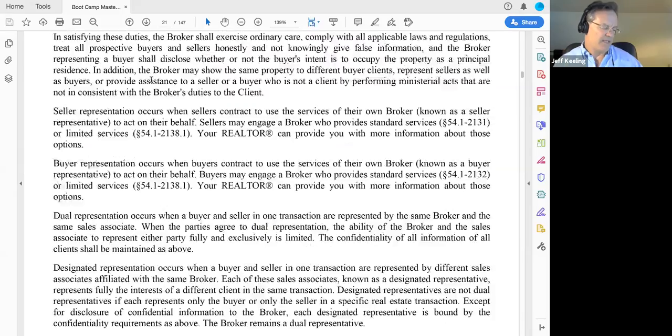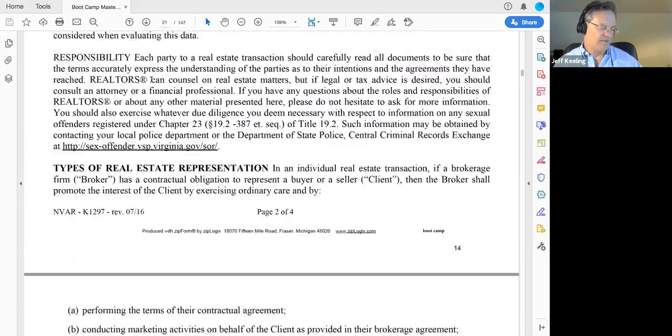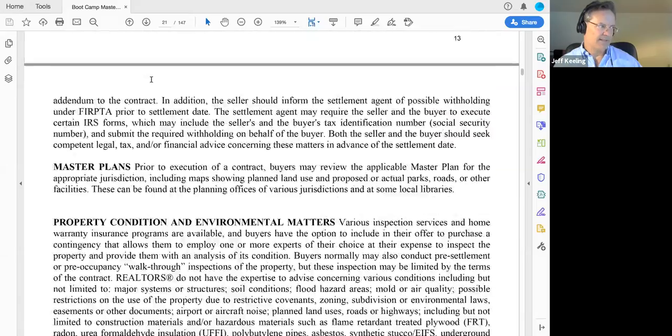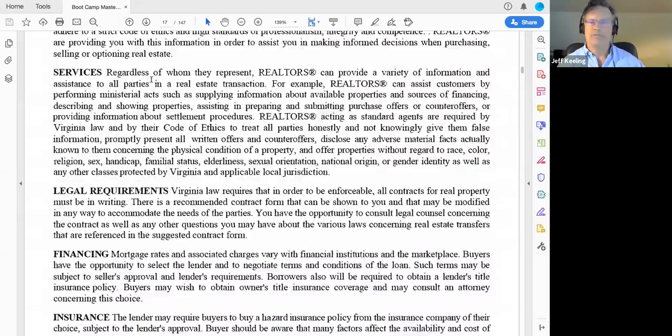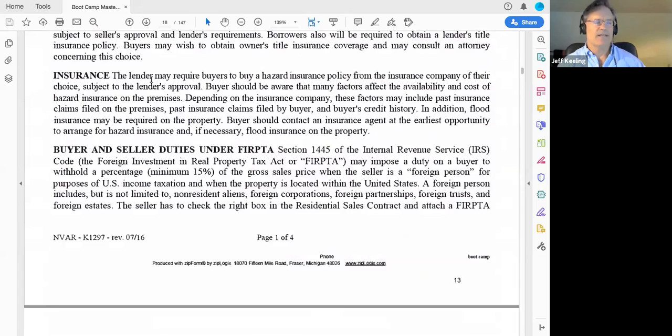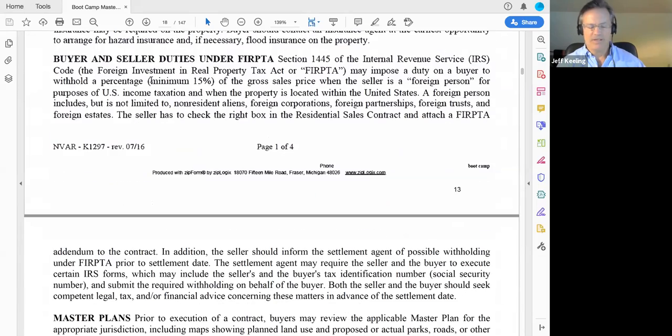Hey, quick question, back to the FIRPTA for a second. Would that be an example of one of the items that the buyer could have an add-on, just like a home inspection, or the home didn't get appraised for what we thought it would?